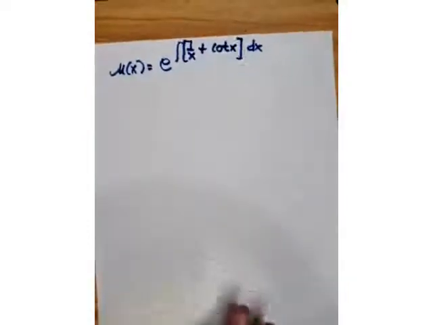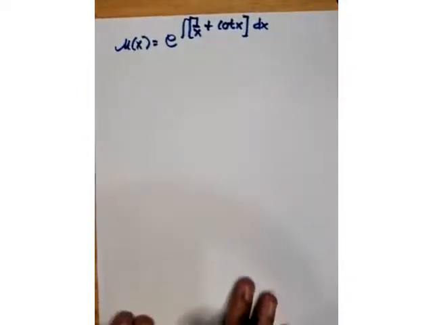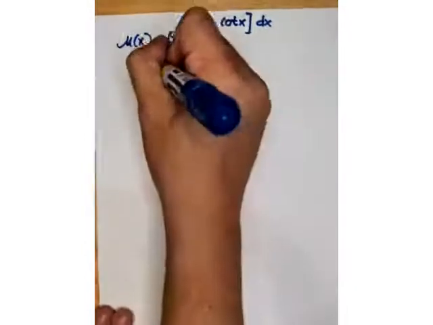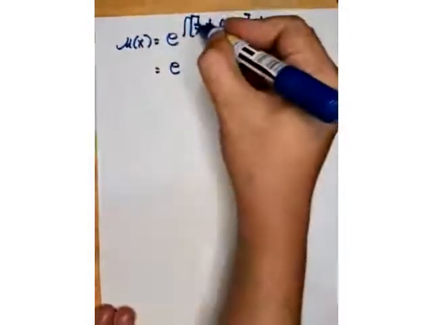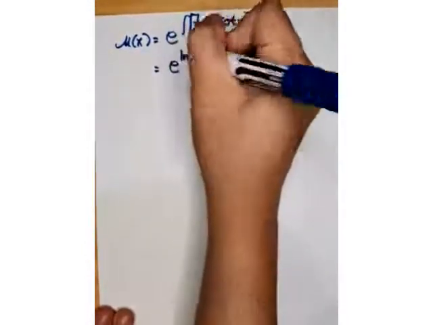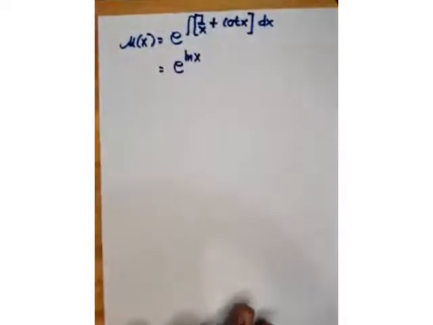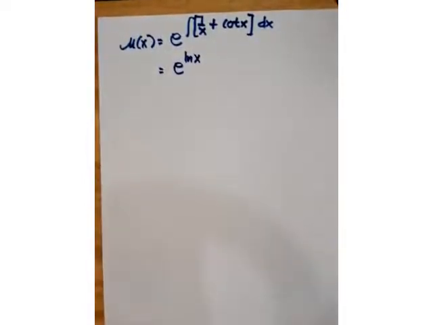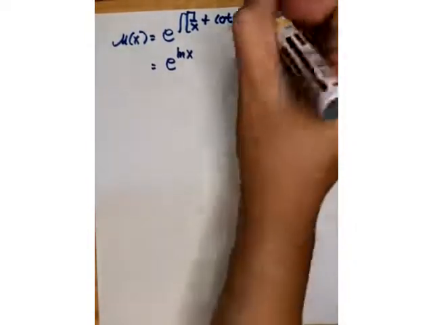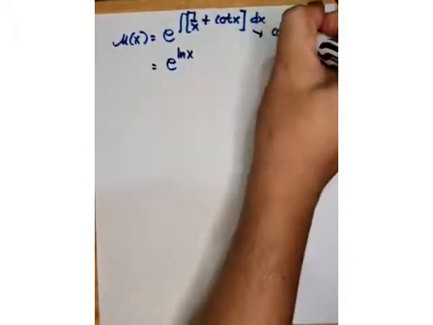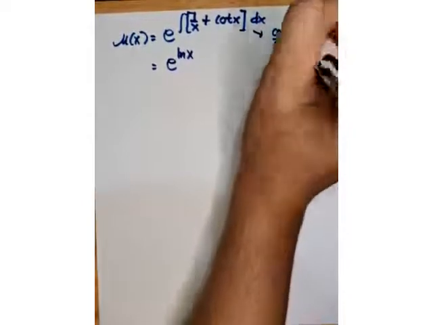Ayan. Okay. And then let's perform the integral. So that's equal to e. Integral nito ay ln of x. How about cotangent? So what's the integral of cotangent? Ay cosine over sine. Ayan.